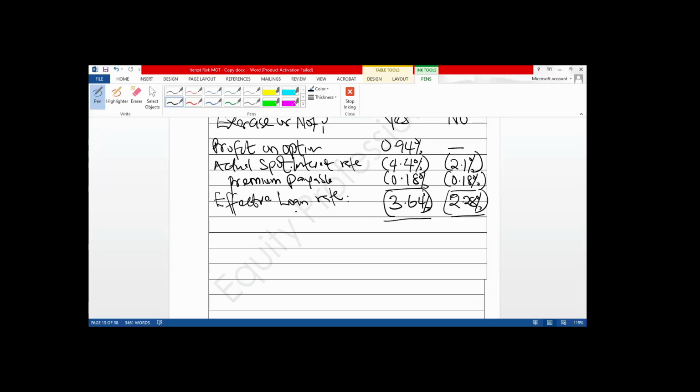You are done with the hedging. The borrowing rate must not exceed 3.75. That is the reason why the company is hedging.